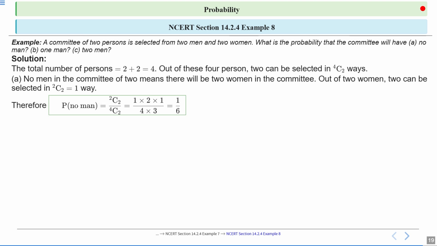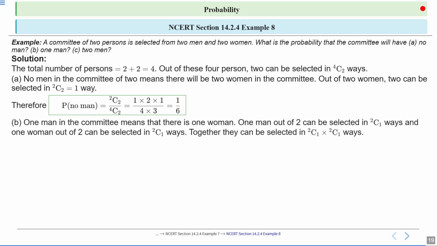Therefore the probability of no man is equal to 2C2 divided by 4C2. If you calculate it, you will get 1 by 6. So the probability of no man is 1 by 6. Clear? Then one man in the committee means there is one woman. One man out of two can be selected in 2C1 ways, and one woman out of two can be selected in 2C1 ways.